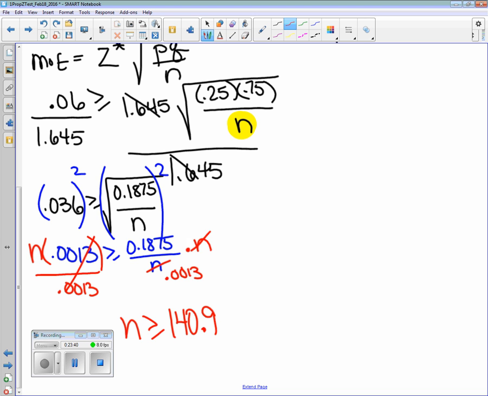And in this context, it's people we're asking a question to, right? So can we ask a question to 0.9 of a person? No. It has to be greater than that. Would you agree? So at minimum, how many people do I need to ask to see whether or not they went to high school or graduated? 141. So 141 is the minimum sample size.